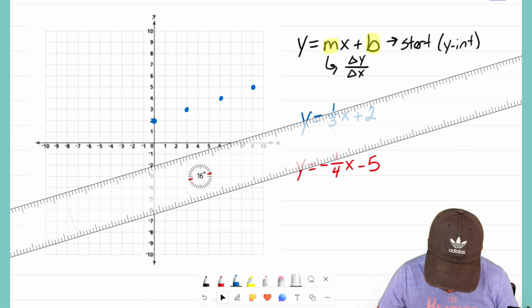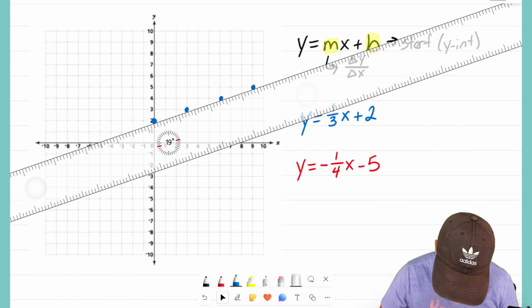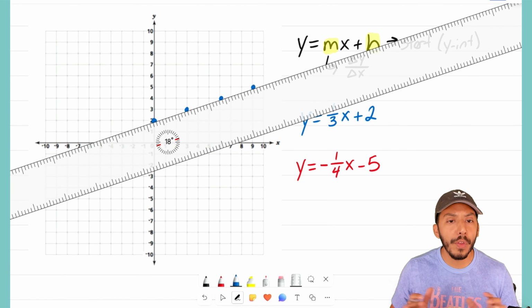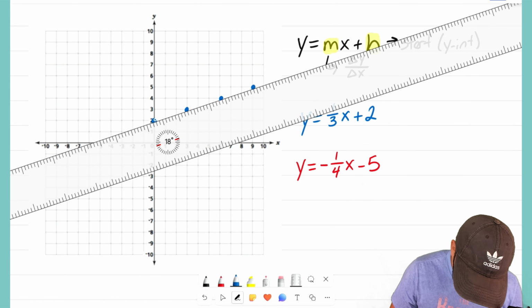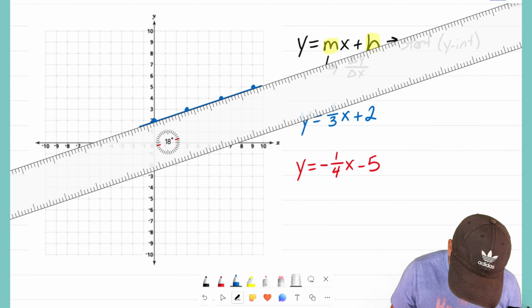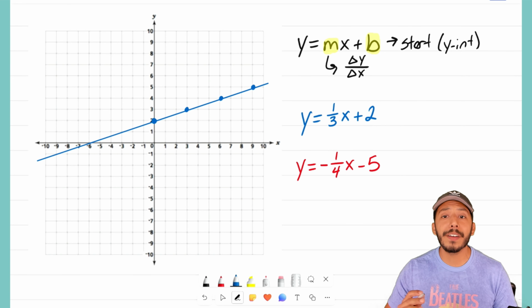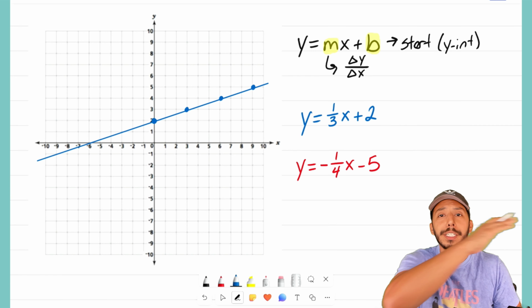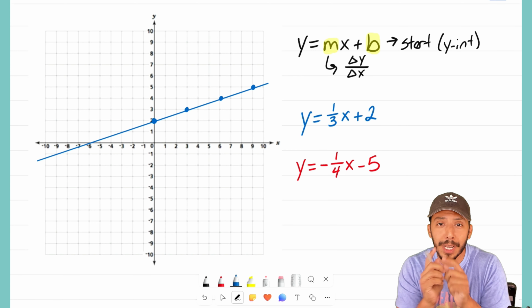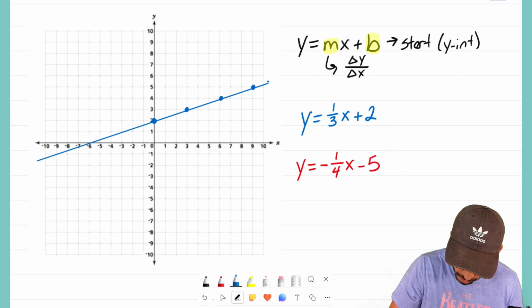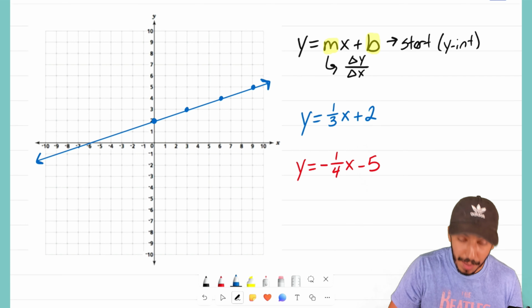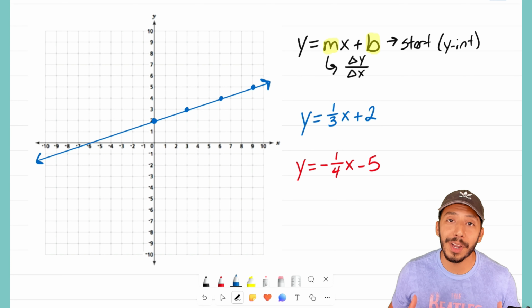Now we break out our ruler. We line these up so that all the points are being touched, and then I can get my pen and put my line going all the way through. Remember, when we graph lines, we want to go the whole way, not a little line segment. And we want to add arrows to the ends because lines do go on forever.